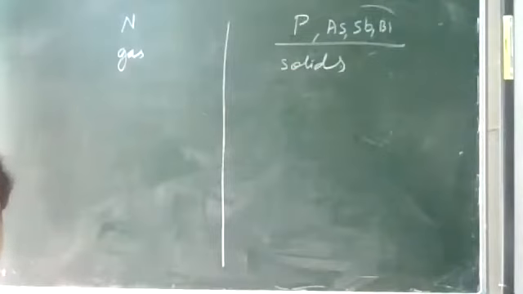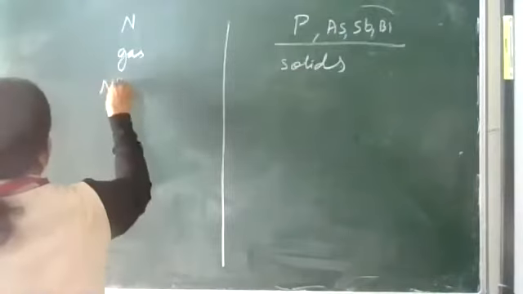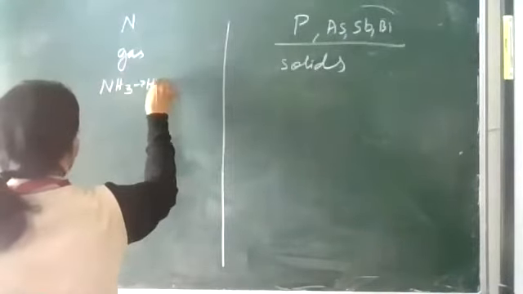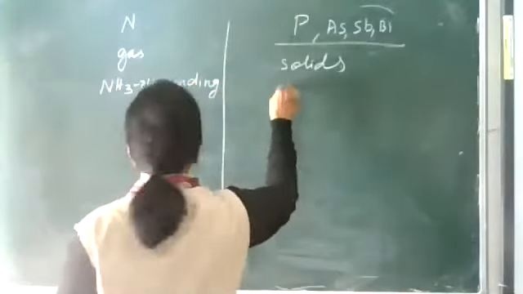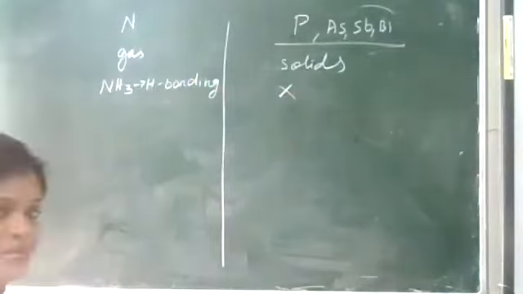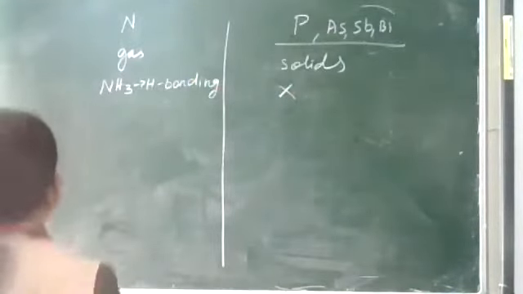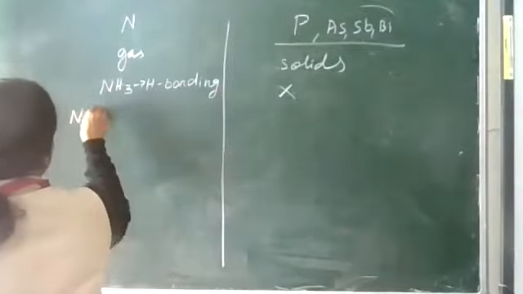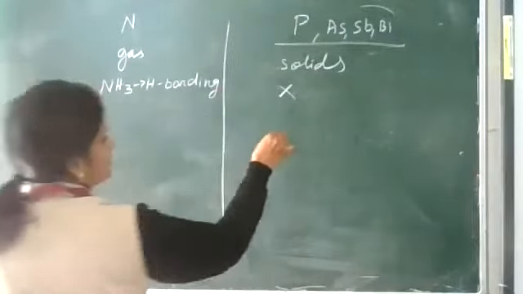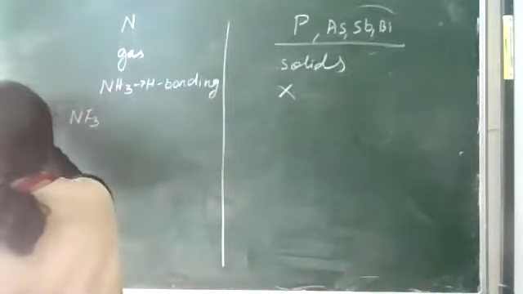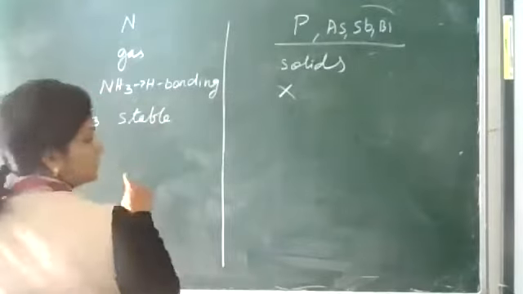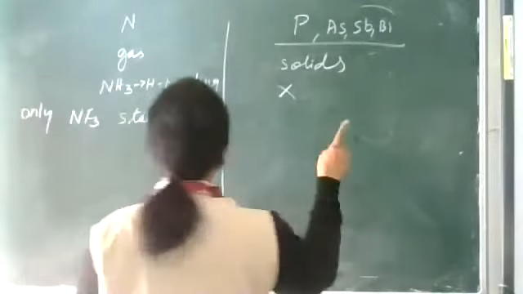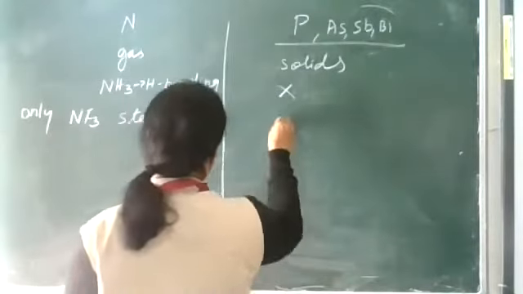The hydride of nitrogen, NH3, has hydrogen bonding, but the other hydrides have no H bond. Halides: in the case of nitrogen, only NF3 is stable, and we know that it is an exothermic compound, but for the others all halides are stable.